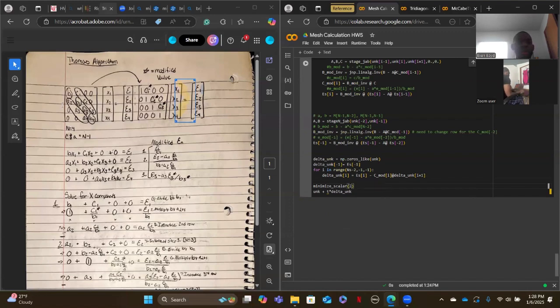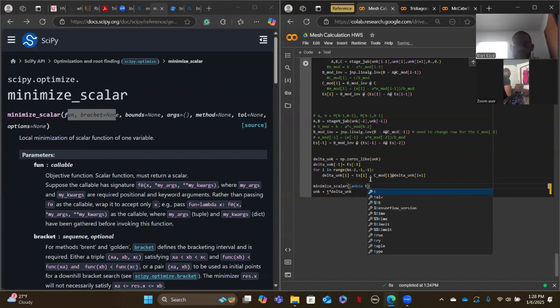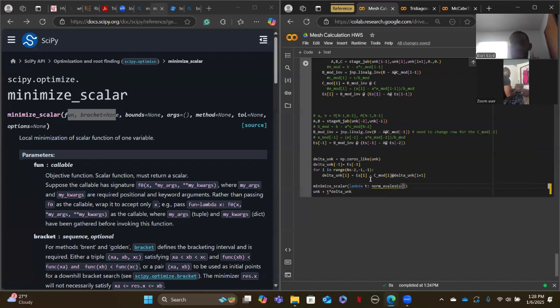So for this, we need a function and a bracket. Our function will be a lambda. Before the lambda, we'll be importing our normalized evals function, and inside the normalized evals function, we're using this equation right here. We also need this for the bracket as well.